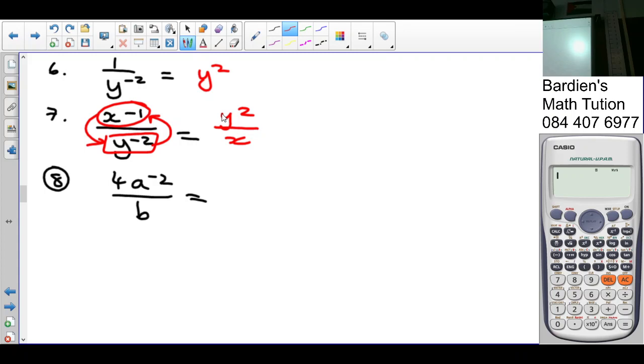No. The square is not on the B. The square is on the A. A squared B, and not AB squared. You see that is negative as a numerator, will be positive as a denominator. So it's going to be 4 over A squared B. Make sense? Okay.